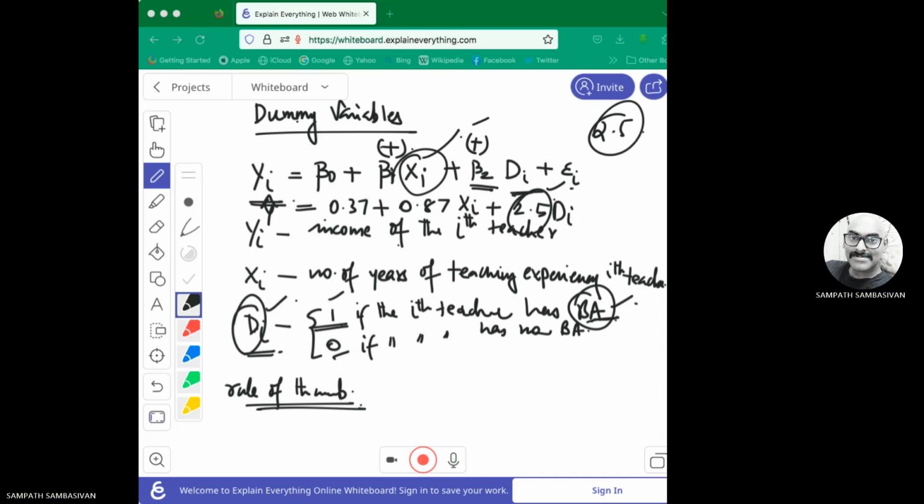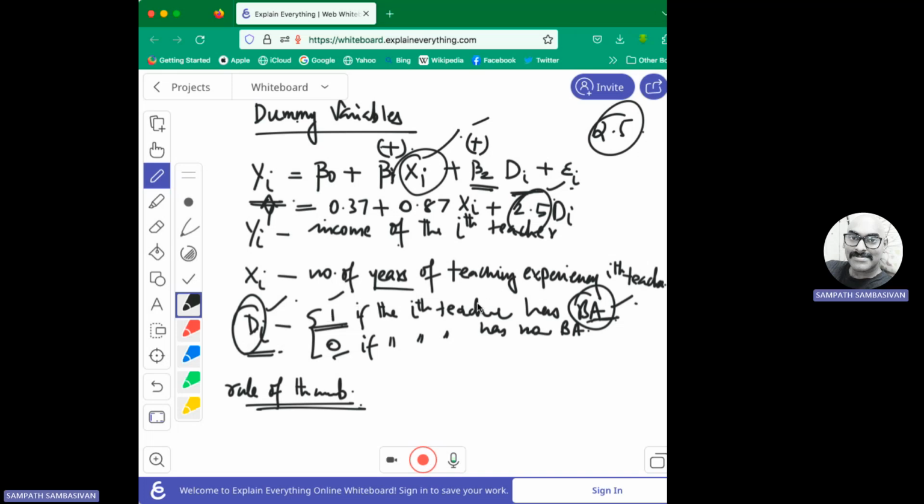So this variable xi captures the number of years of teaching experience of the ith teacher, which is basically what I have indicated here. And di is a dummy variable that is incorporated in order to capture the two possibilities. What are these two possibilities?